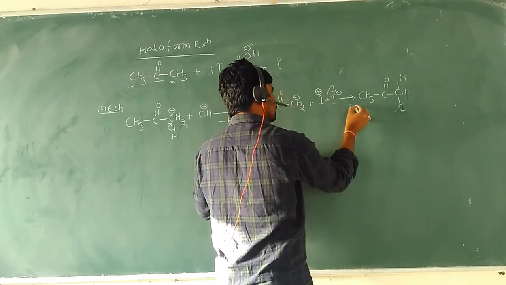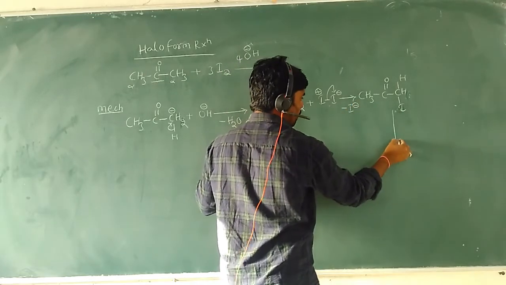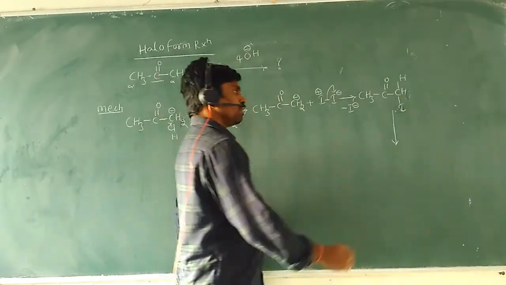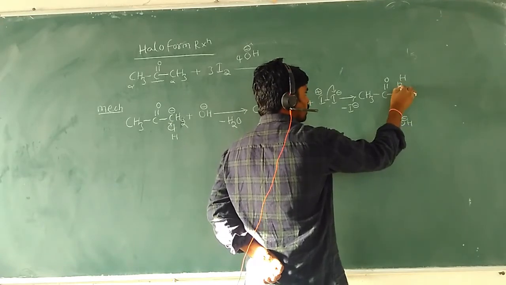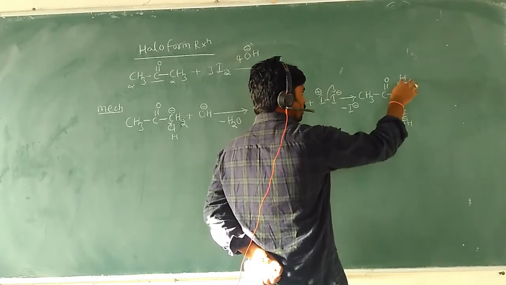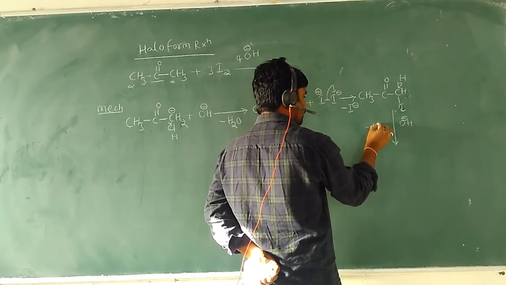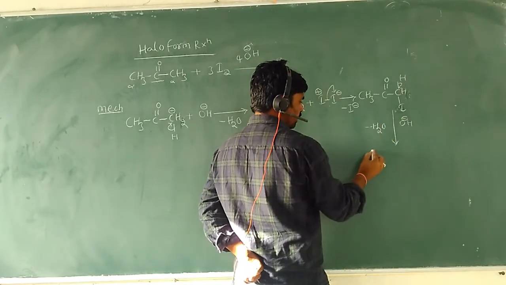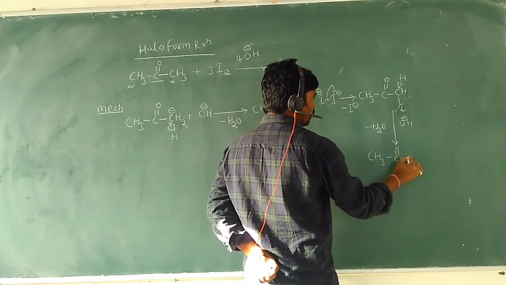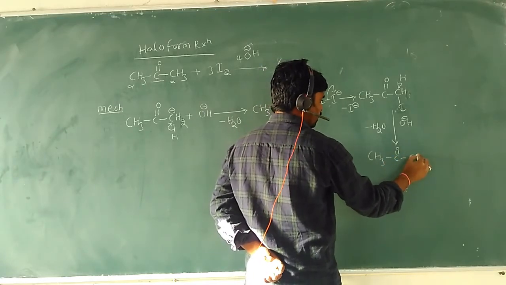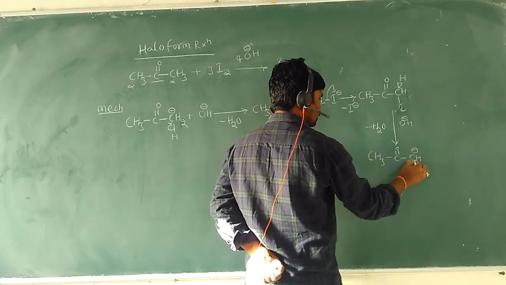Here, I minus. Once again, in the presence of hydroxide ion, this H plus and this OH minus give H2O. Remaining is CH3, C double bond O, CH minus iodine.